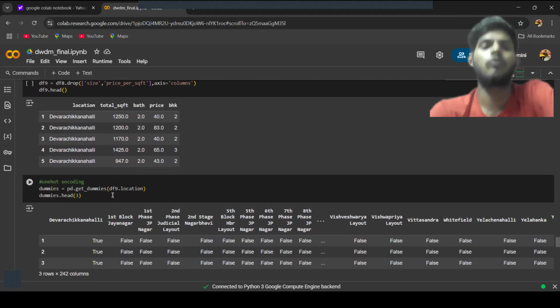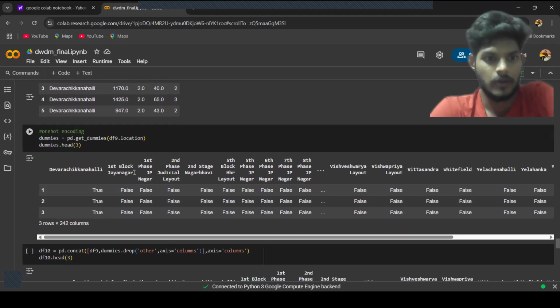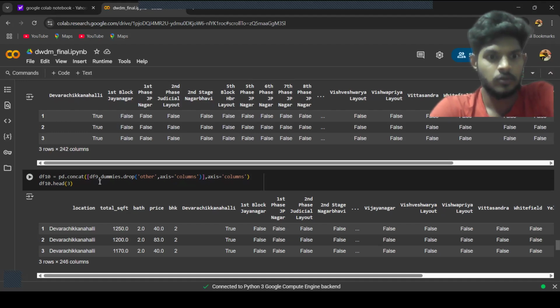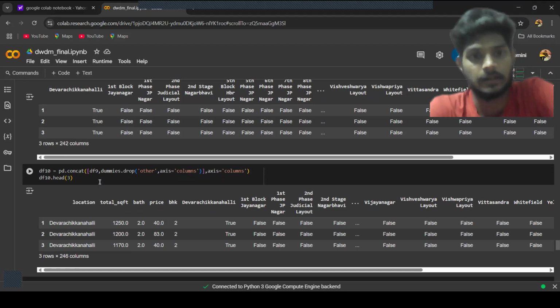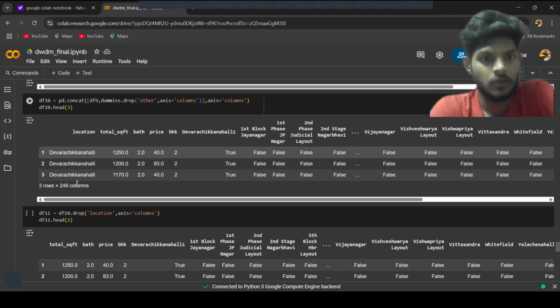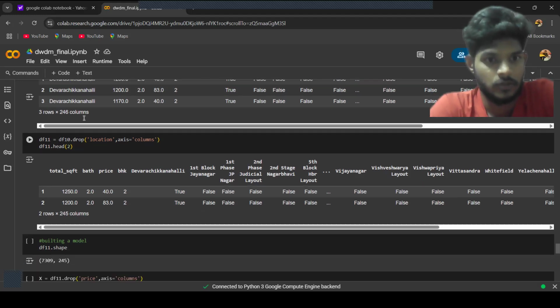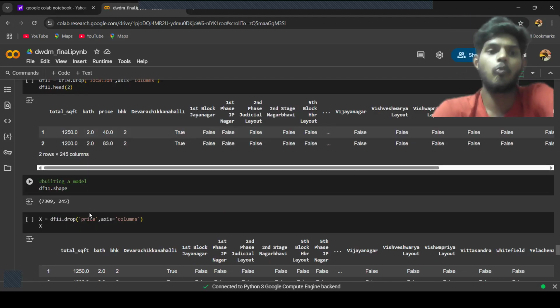And now we use the one hot encoding method. You can see here. Now you can drop the columns which contain the other values. Now we will be dropping the location column and storing it into the data frame 11.